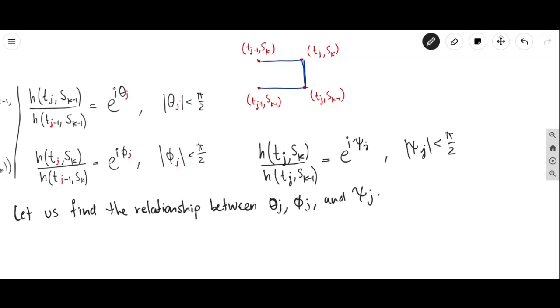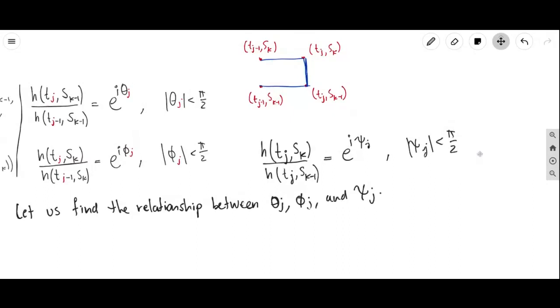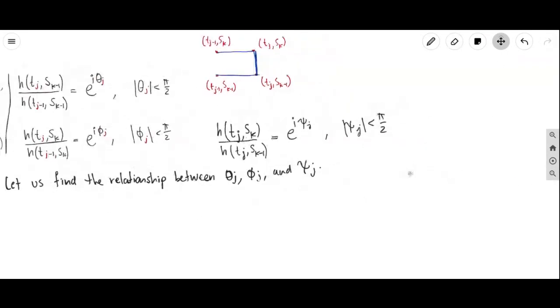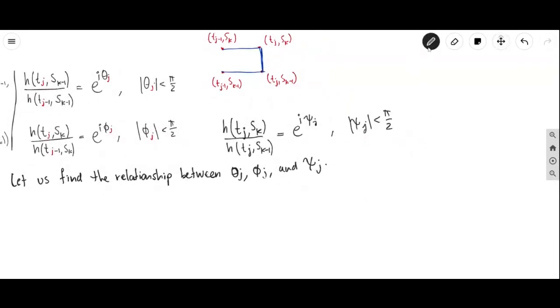Let's find what this relationship is. It's basically to observe what happens when you take this number and you divide it by this. If you take this fraction and you divide it by that fraction, you recover those numbers when you divide them. So let's actually do that.